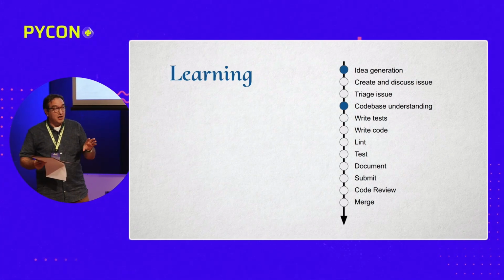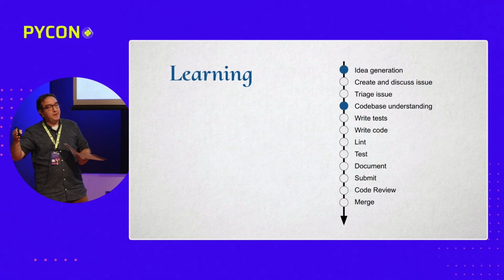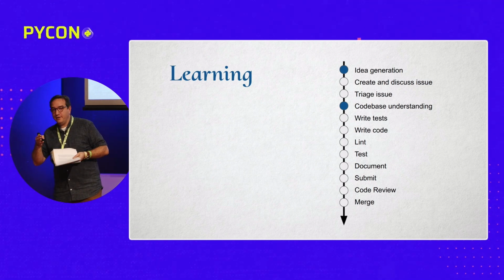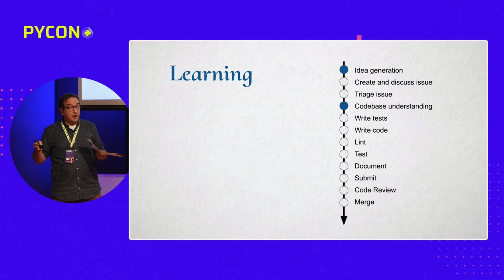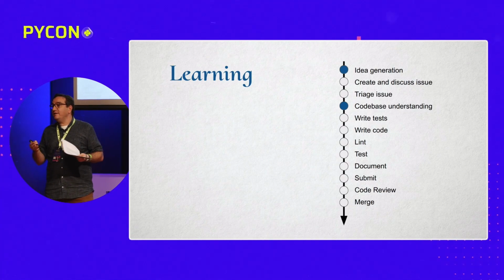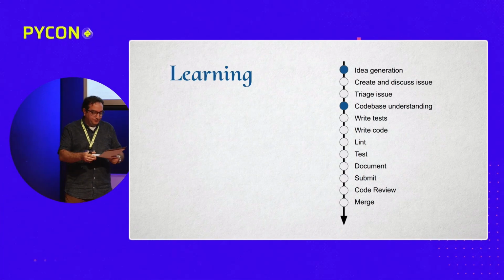LLMs, I think, do a great job of where you say, please read through this code base and tell me what the major components are and how they fit together, and suggest some ways in which I might tackle solving this problem. And I think these are pretty low risk. If the LLM gets this wrong, all maybe you've done is wasted a little time.